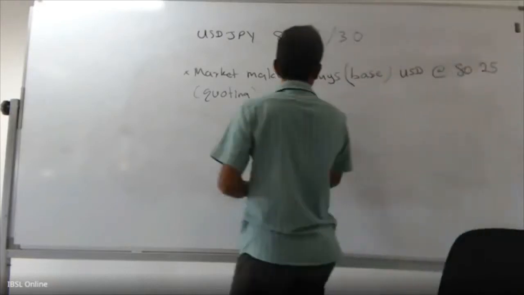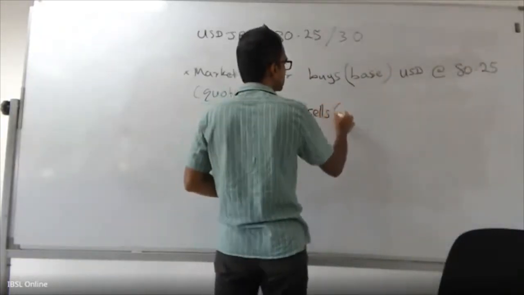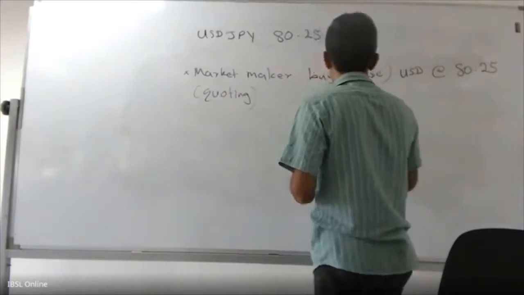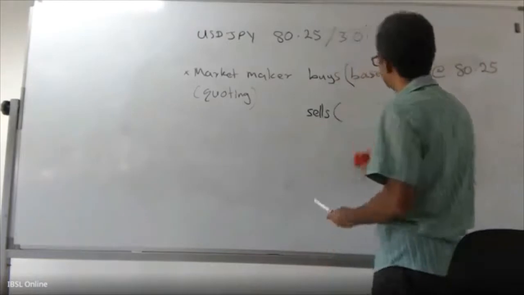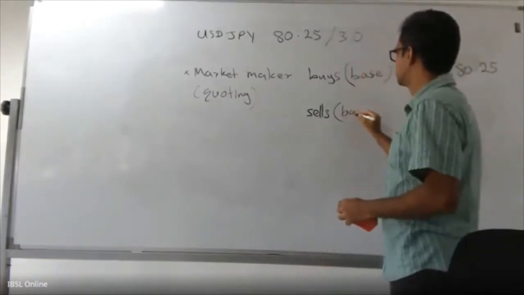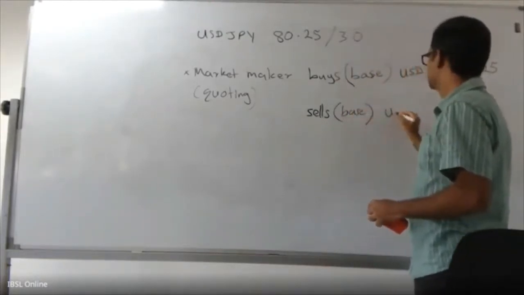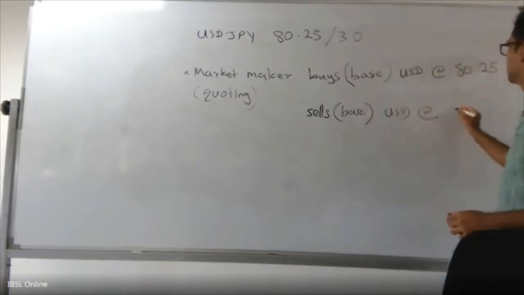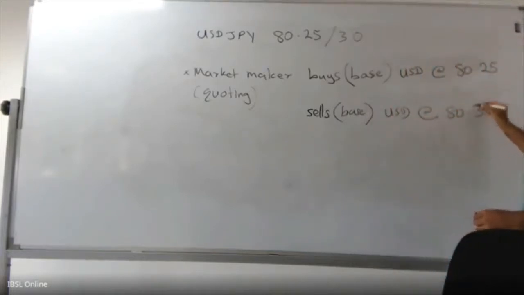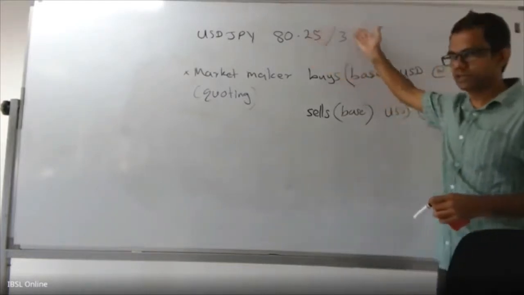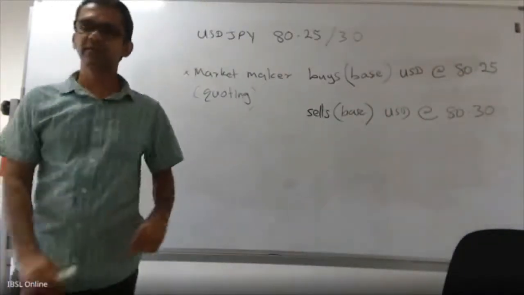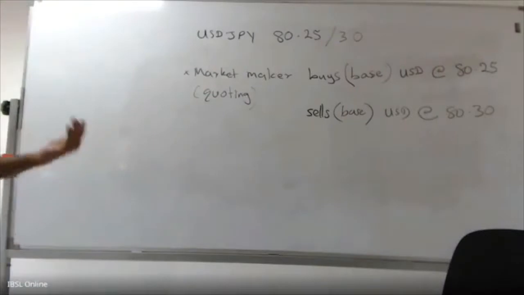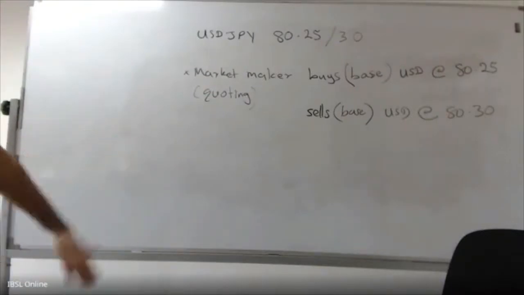And he sells the base currency again, that is USD, at 80.30. Buy low, sell high. That is the rule for the market maker. Market maker will buy at a lower rate and sell at a higher rate.